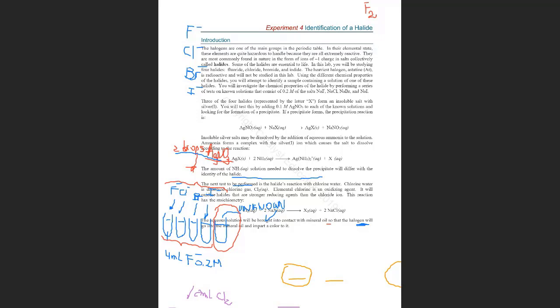Let's look at the oxidation state of this. If somebody can tell me, chlorine water, its elemental state, what is the oxidation state of chlorine? It's elemental. When you have an element, what is the oxidation state of an element? 0.